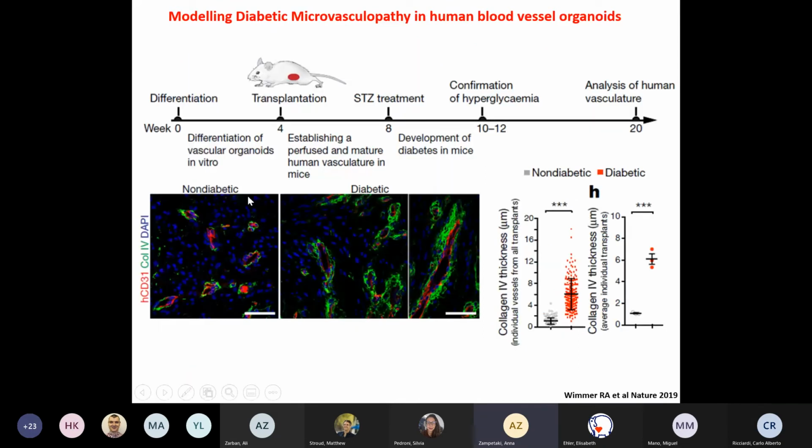If you get these blood vessel organoids and you transplant them in vivo in mice and then induce diabetes in mice, you again are able to observe the thickening of the extracellular matrix of the basal membrane, indicating that these blood vessel organoids actually behave as a microvascular tissue.